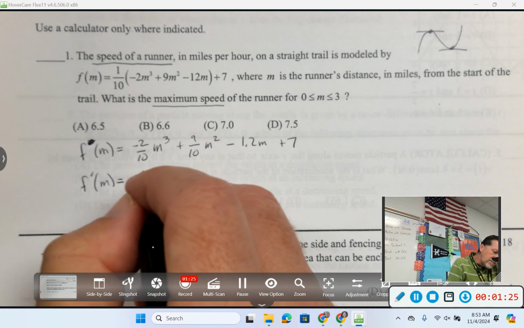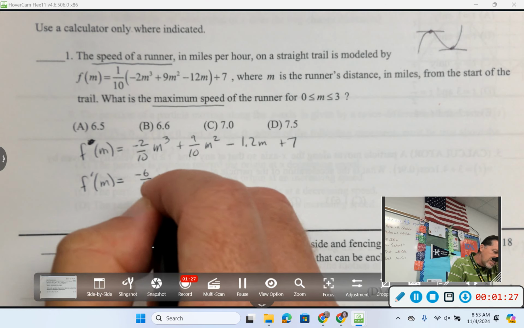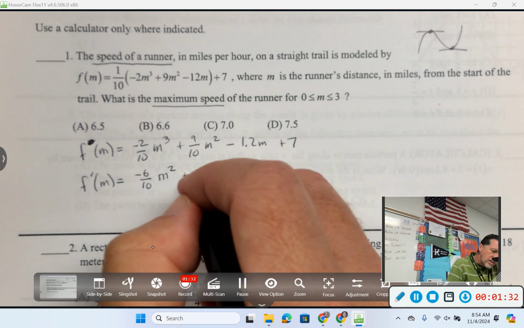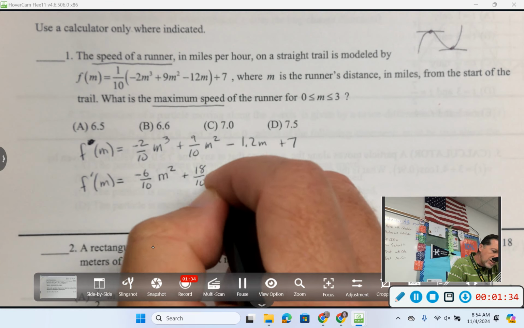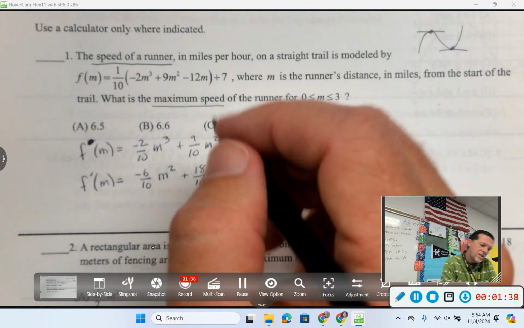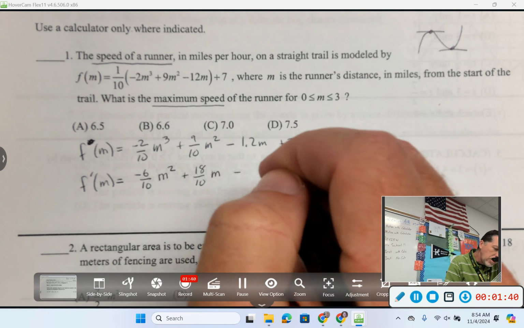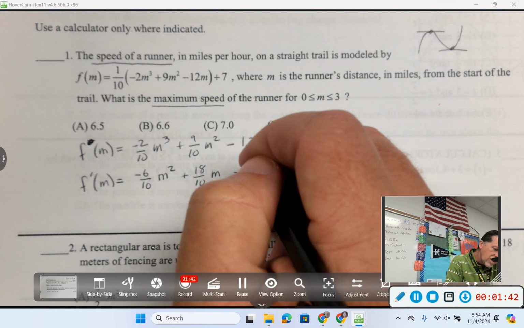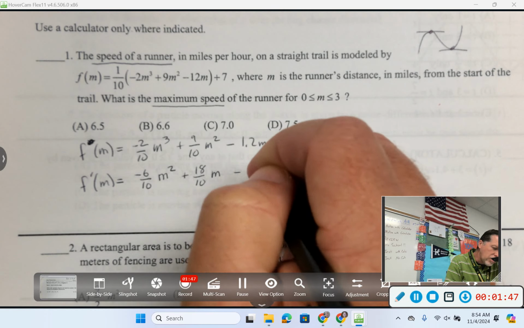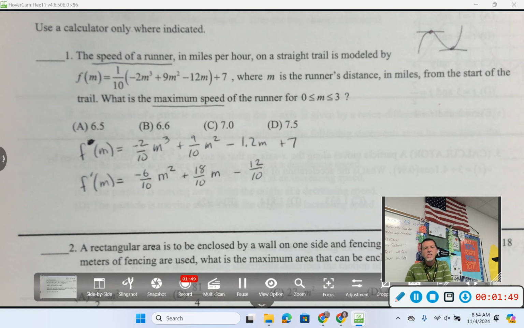Now the derivative. Negative 6/10 m squared plus 18/10 m. Now I'm realizing why I maybe should have left the 1/10 out front. Minus 1.2. I'm going to rewrite that as 12/10. This is just kind of ugly fraction work here.